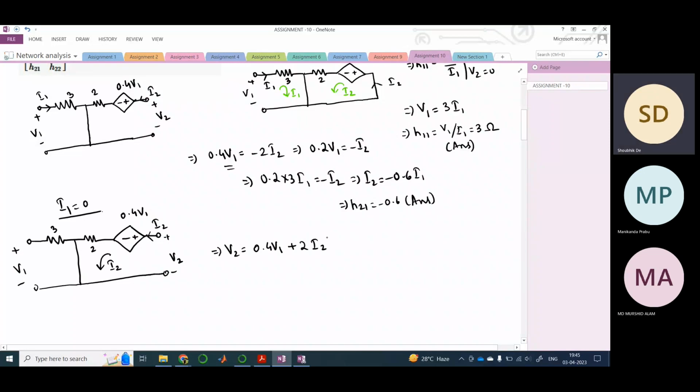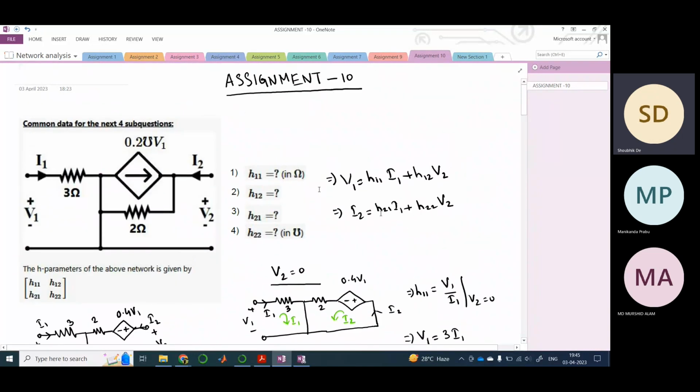Now, how to find out V1 and I2, right? Because we need to get a relation between V1 and V2, and I2 and V2, right? Then only we'll get these two parameters.